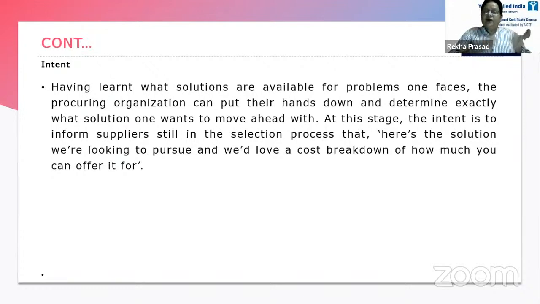But it is not always that you will be the winner. You may have to make certain compromises, because maybe there's someone who's ready to deliver the product on time but is charging slightly extra. It depends. If the organization is ready for that, they can go for it.